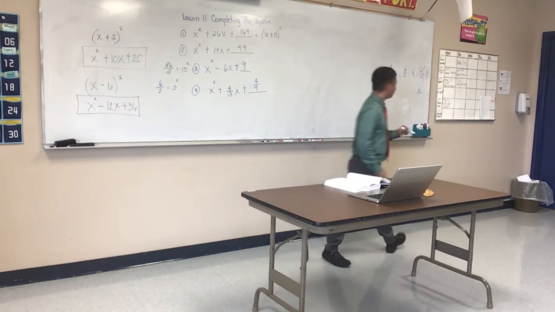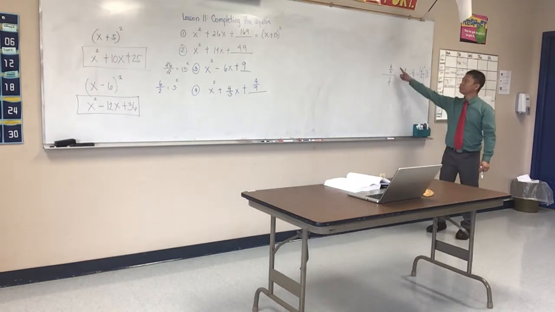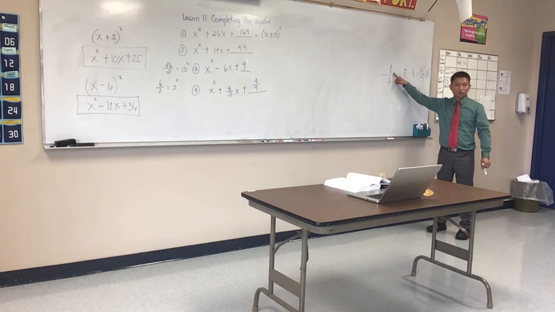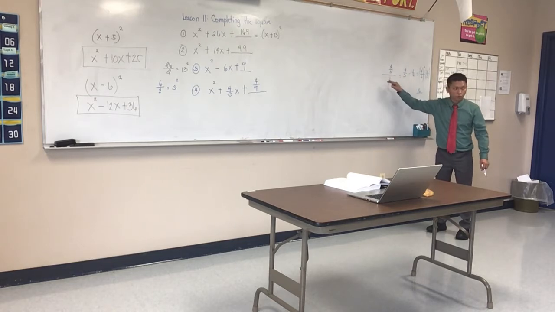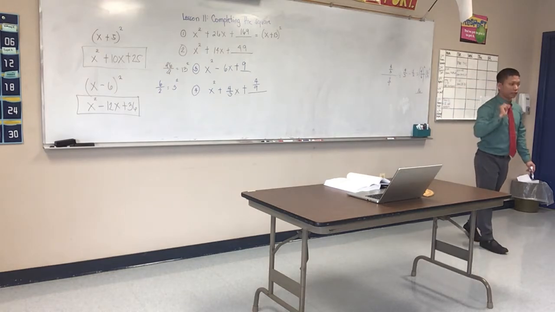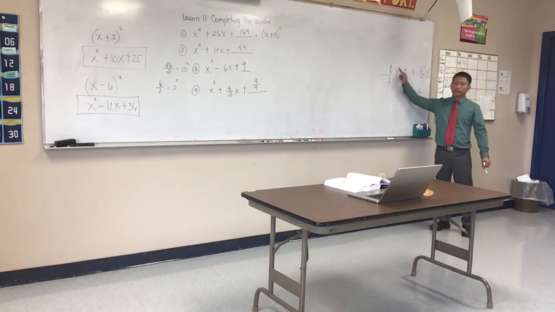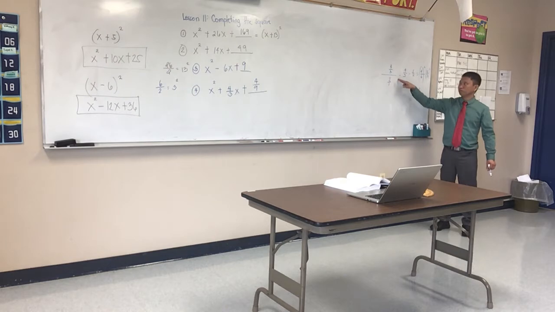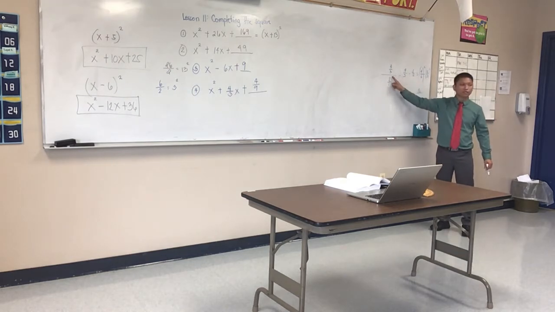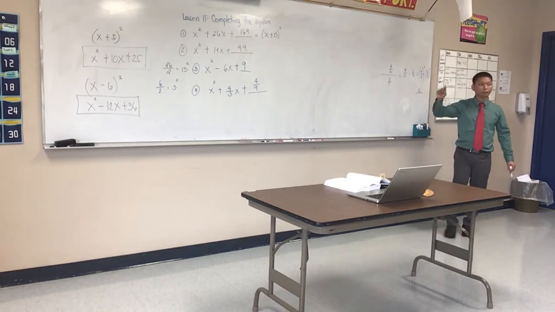I repeat. We have the middle term 4 over 3. We just divide by 2, and 2 is just 2 over 1. To divide a fraction by 2, we get the reciprocal of 2, which is 1 half, and multiply.